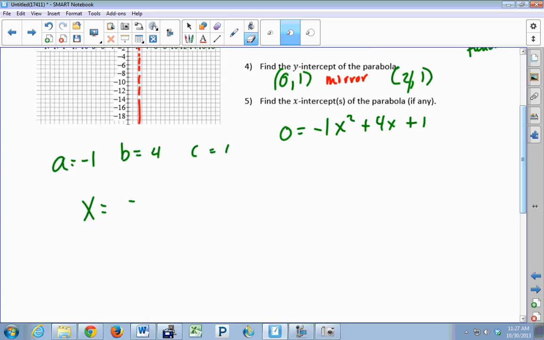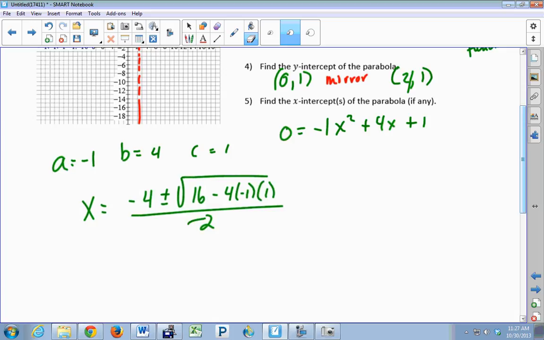So x equals the opposite of b plus or minus the square root of b squared, which is 16, minus 4 times negative 1 times 1, all over negative 2, which is 2a. So notice I'm not going as slow as when we first covered this about 4 weeks ago, because we've already done this. Negative 4 plus or minus the square root of 20 all over negative 2.